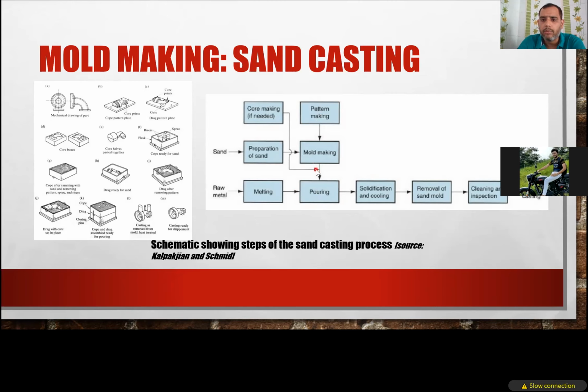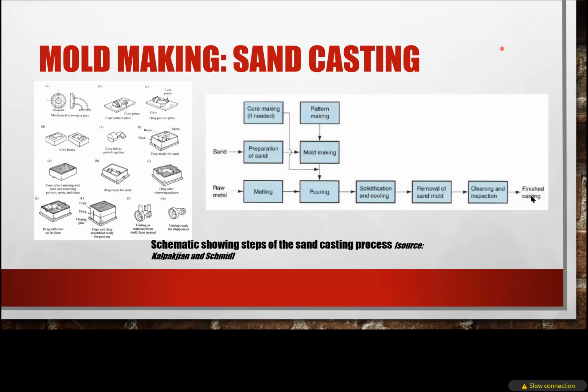Core is generally used for the production of hollow cells. So if needed, we go for the core making process. Then we have pouring. After pouring, there is solidification, cooling, removal of sand, and then cleaning, inspection, and the finished casting product. These are the normal methods.